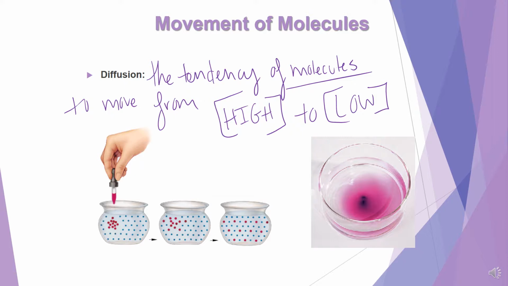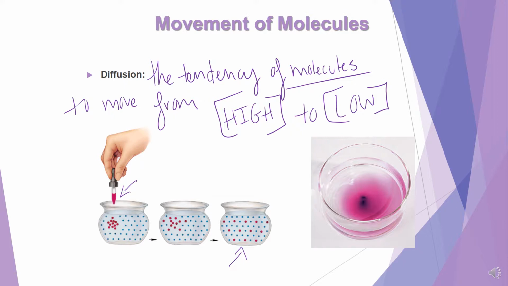I like to think about it as like creamer in your coffee. You can also see in this example, we go from a high concentration of the molecules here in the dropper, and we put them into the water, and they begin to diffuse or spread out until here they've reached equilibrium.